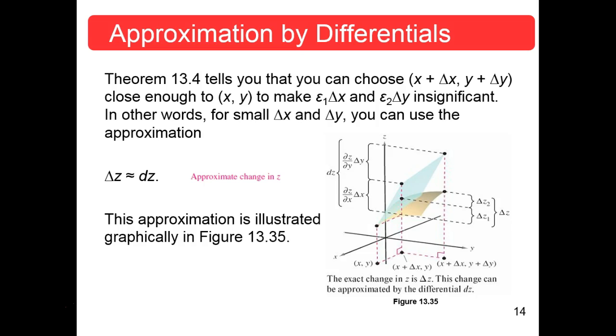The estimated z's, the approximated z's by your differential, they say the exact change in z is this. Well, to me, that's an approximate change because you're changing here, you're changing there, and you're approximating that by a plane. So this is the x plus delta x, y on the plane.